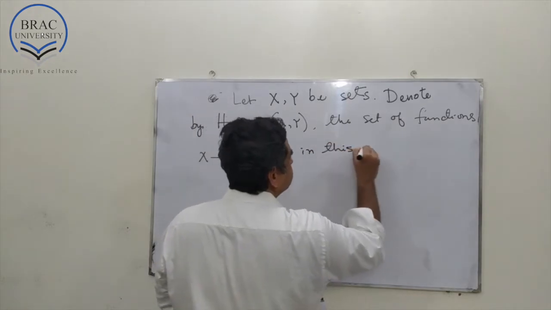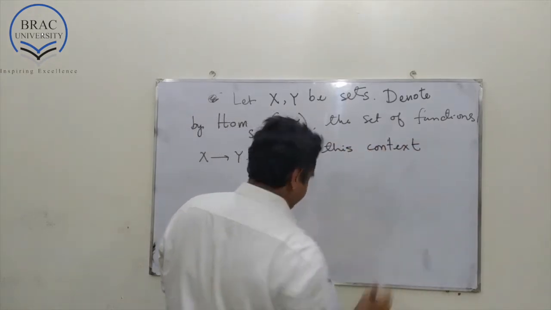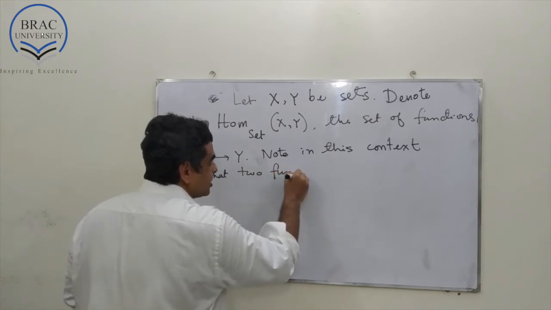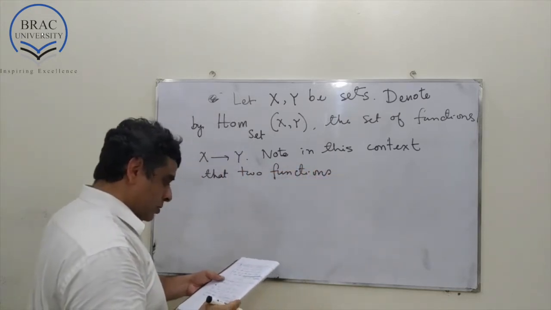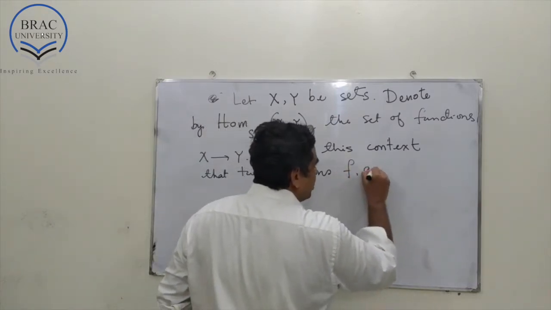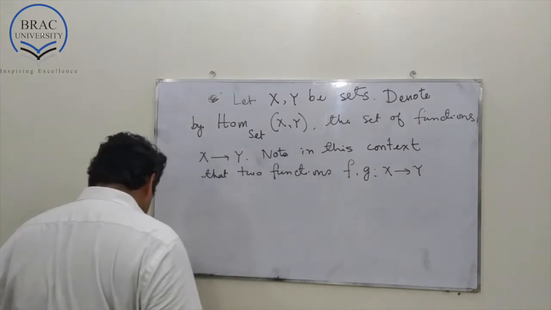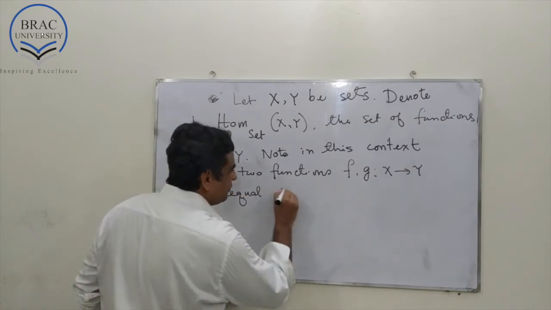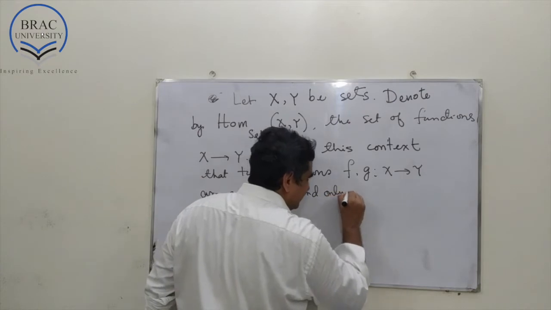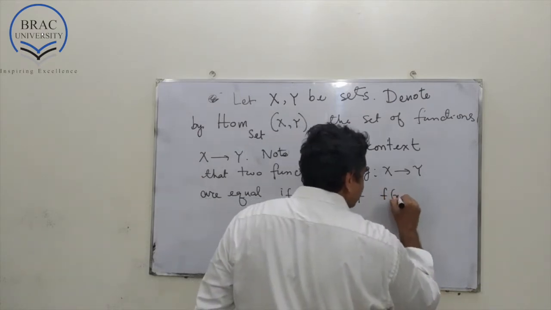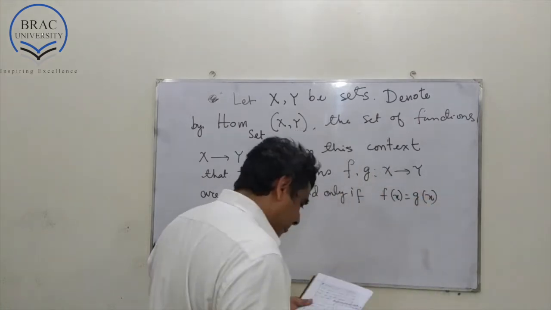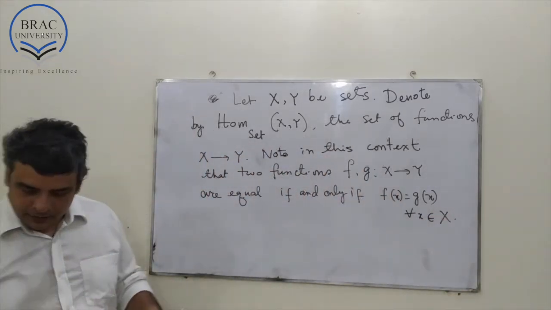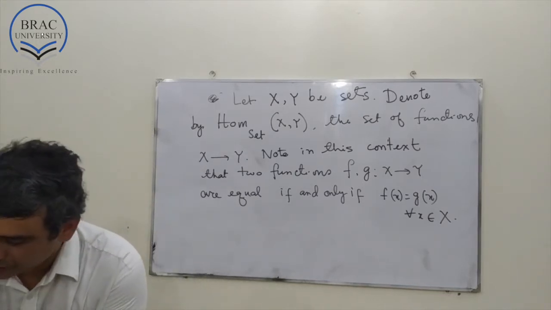Note in this context that two functions f, g from X to Y are equal if and only if f(x) is equal to g(x) for all x in the domain. This is what it means by two equal functions.